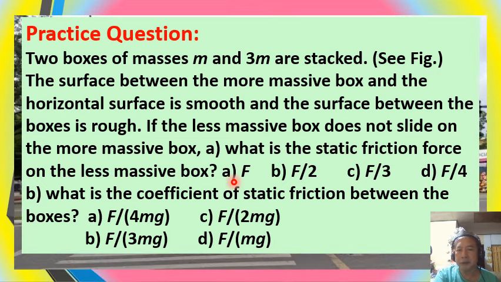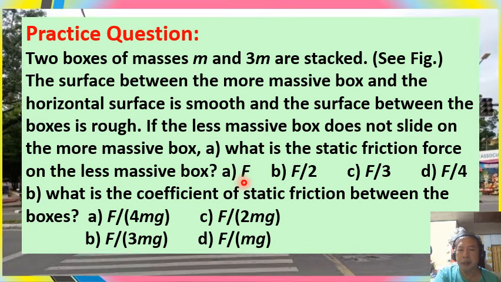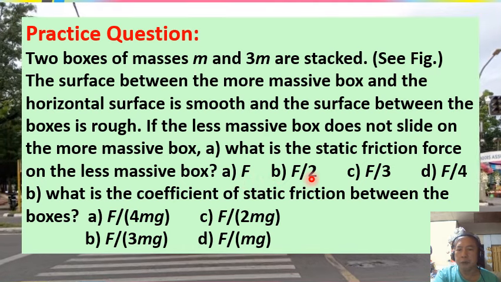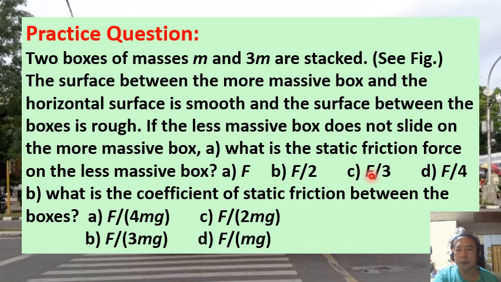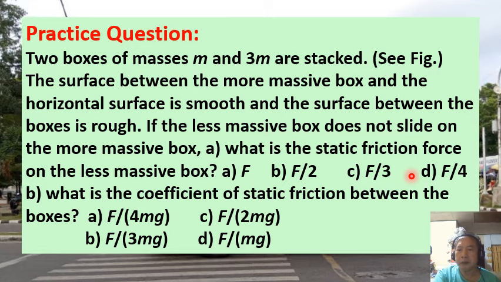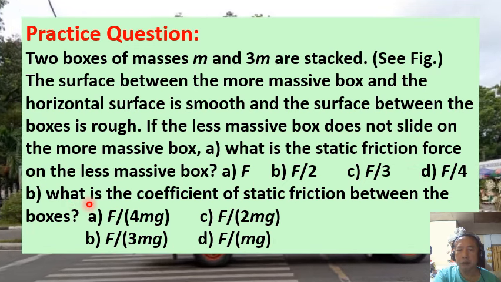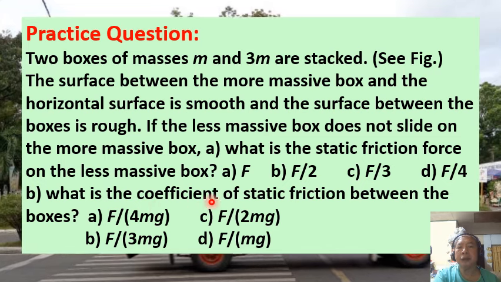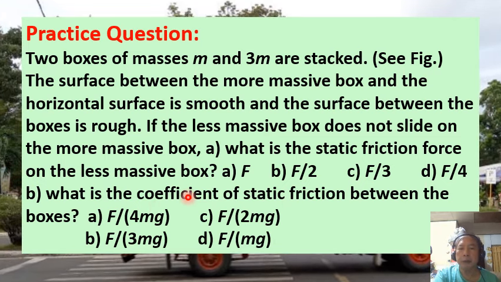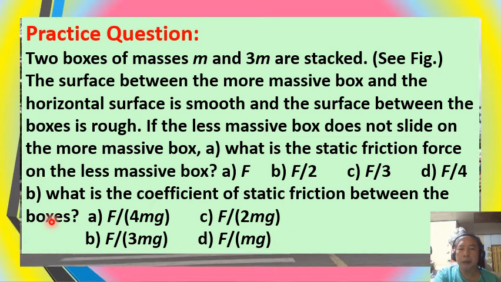Choices are letter A, F, letter B, F over 2, letter C, F over 3, and D, F over 4. And question letter B, what is the coefficient of static friction between the two boxes?